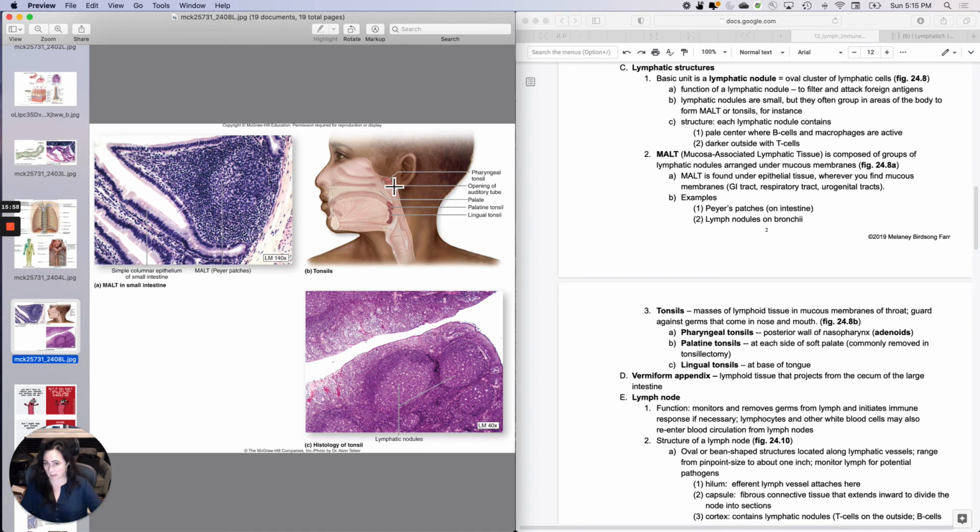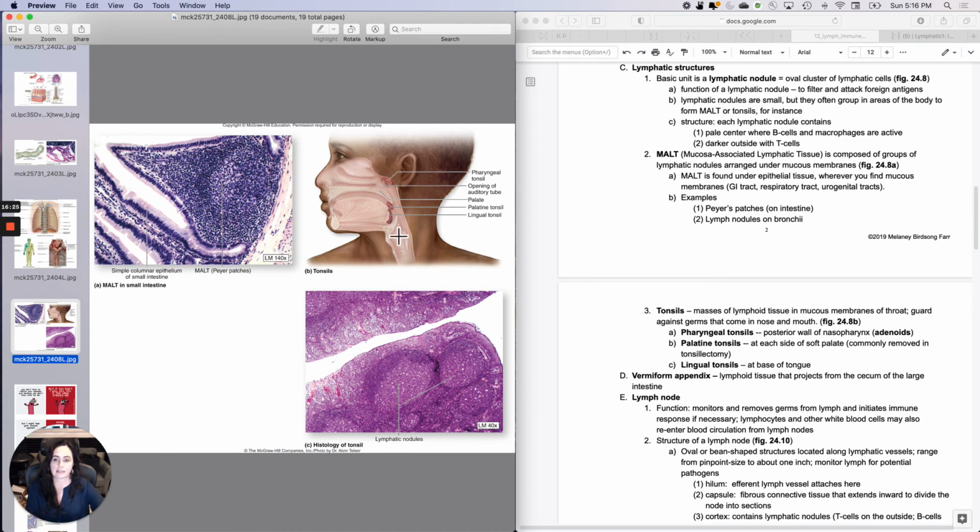And sometimes people have their adenoids removed when they swell up so much that they cause problems with respiration. Your palatine tonsils are the ones that you see at the back of the soft palate. These are the ones that are usually removed when someone has a tonsillectomy. And then your lingual tonsils, I don't know that those are removed very often at all.